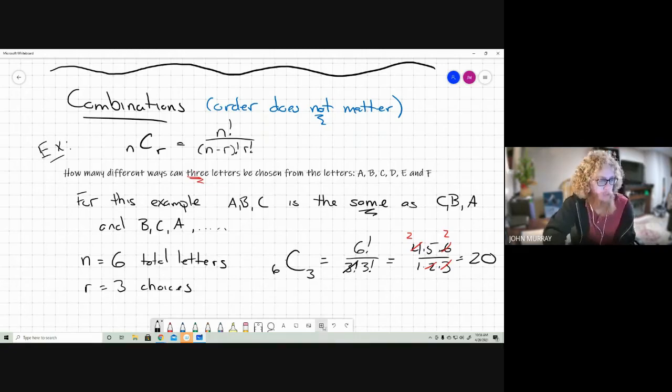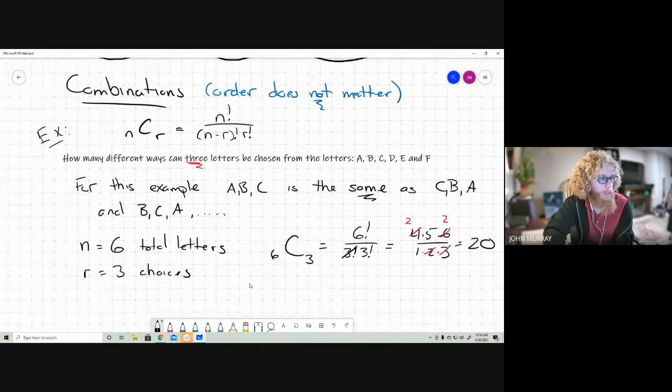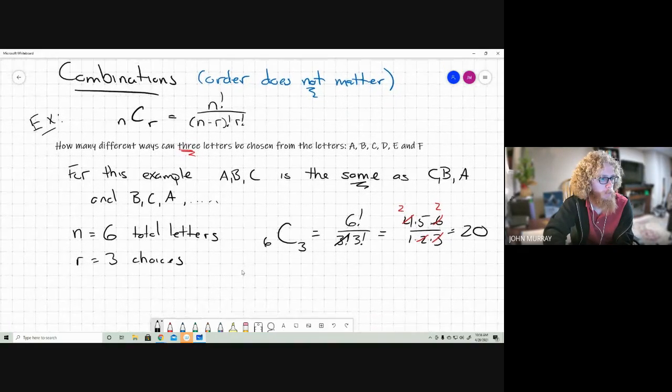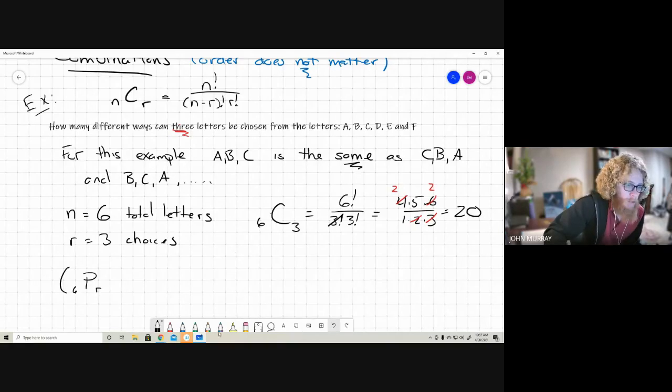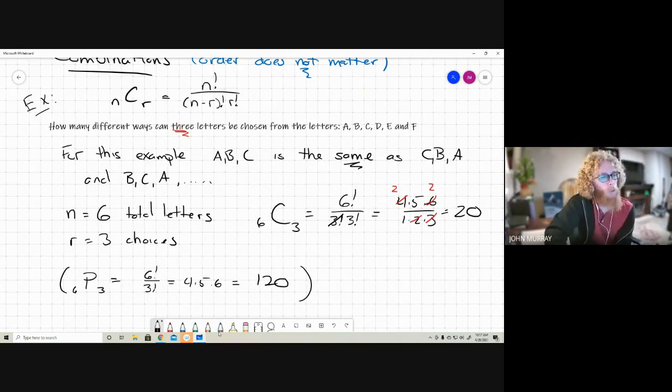But if we flip the script, and if I said the order matters, that's going to increase the count. So if the order did matter, then ABC would be different from CBA, and that would be different from BCA, right?